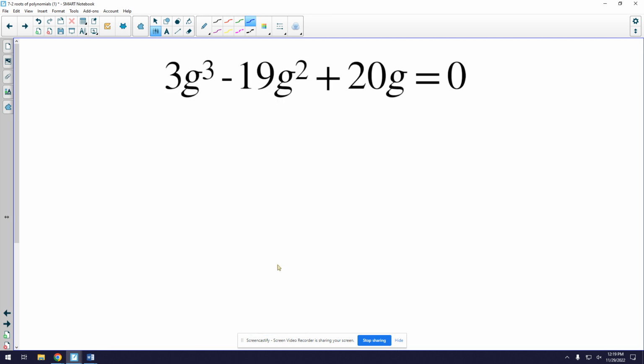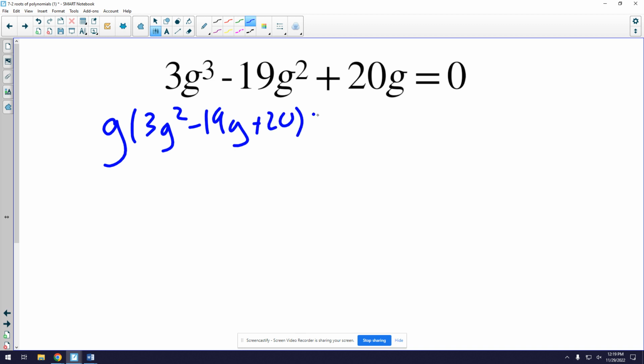And your last one. There's a GCF of g. You then have a trinomial, so you're going to multiply 3 times 20 is 60.